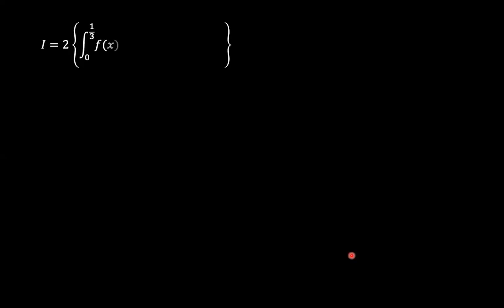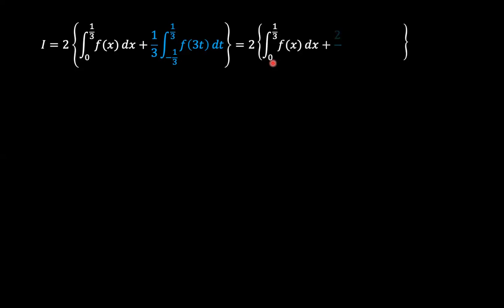So I is definitely equal to twice the integral from 0 to a third of f(x) plus 2 over 3 times the integral from 0 to a third of f(3t).